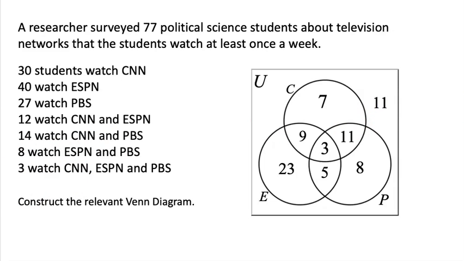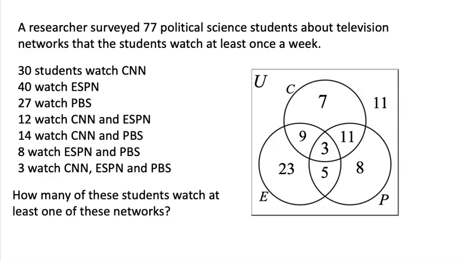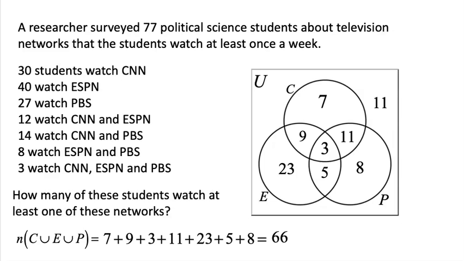Now from that Venn diagram, we are going to answer some questions. How many of these students watch at least one of these networks? Well, again, either CNN or ESPN or PBS. So our notation in set theory is C union E union P, which is 7 plus 9 plus 3 plus 11 plus 23 plus 5 plus 8, which gives me a total of 66.